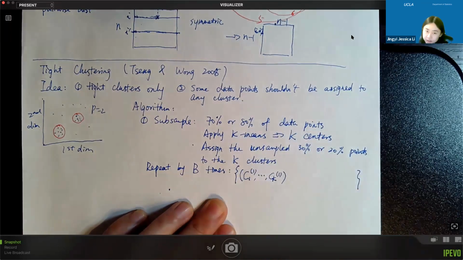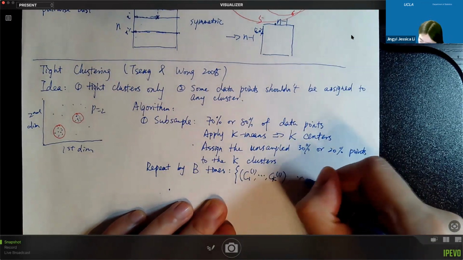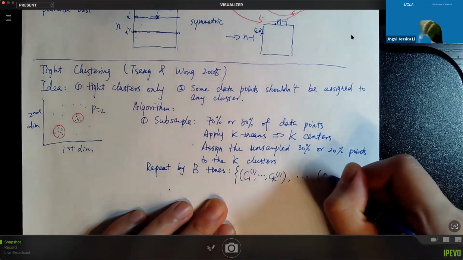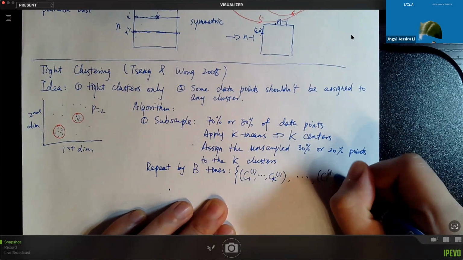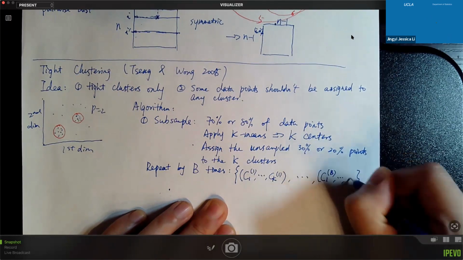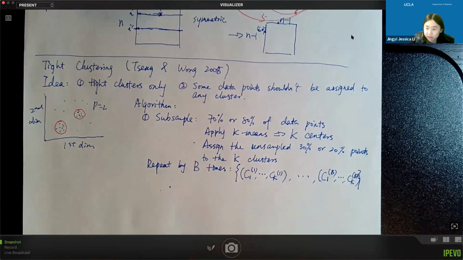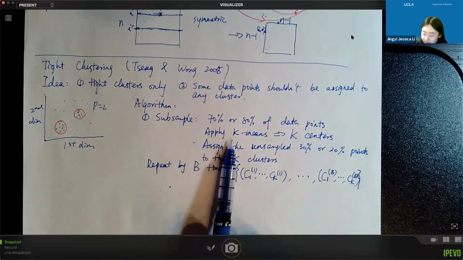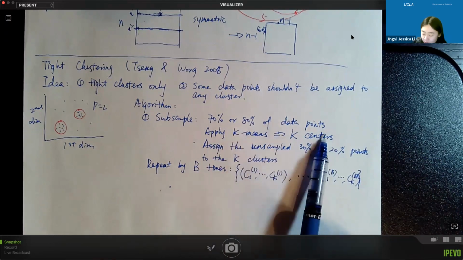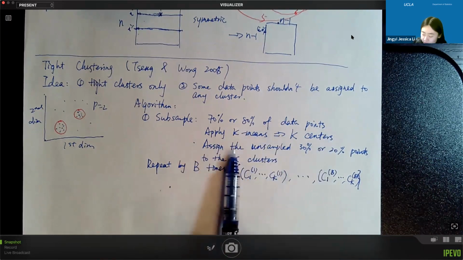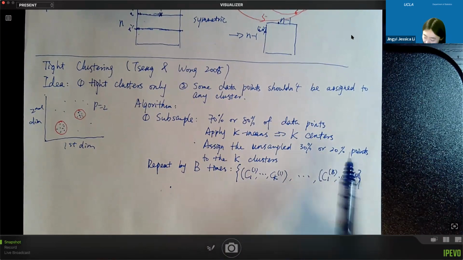That's the first run. And then I repeat this for capital B runs. I can have C1 capital B to CK capital B. So these are the results I obtained after repeating subsampling for capital B times, and each time I apply this procedure. That is, use k-means on the subsample data points, and apply the unsubsampled data points to the k centers.